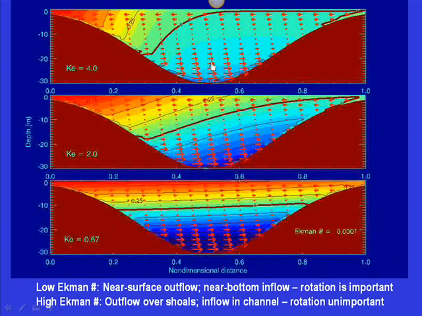So in this case, the Kelvin number of 4 means that you have 4 internal radii of deformation in the width of the channel. Here you have 2 internal radii of deformation that fit in the width of the channel, and here you only have around 0.7 internal radius of deformation. So effectively this would be a wide channel and this would be a narrow channel.